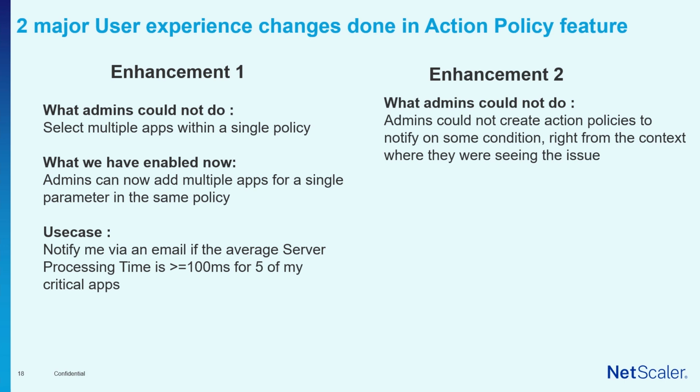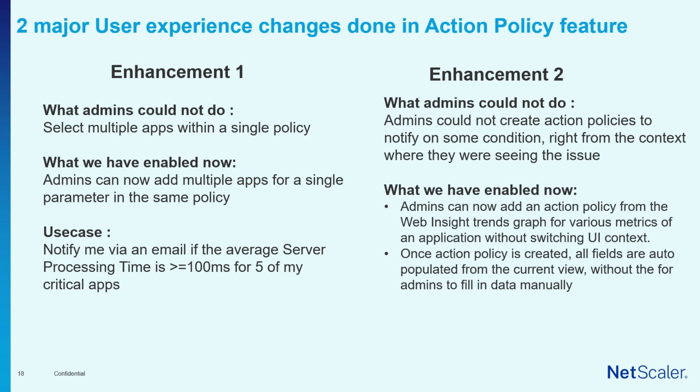So today they don't have the ability to create this notification from the very page they are seeing a problem. They see the problem at Web Insight, and they will have to go to action policy, which is out of the context, then add an action policy, and then set the action policy. So what we've enabled is literally 2 different things.